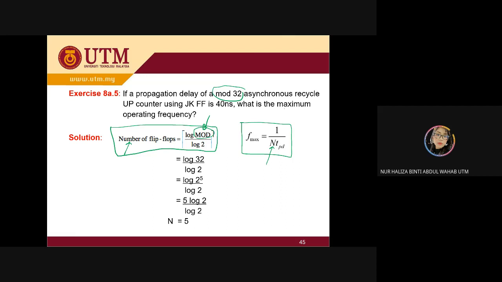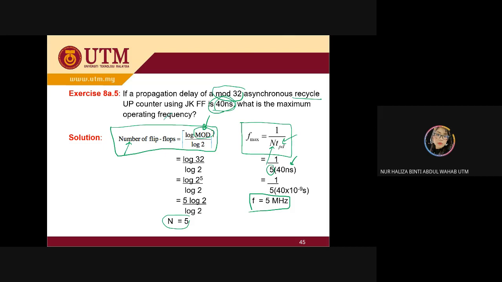And your recycle up counter TPD is 40 nanoseconds. You're going to put it here. When you have the value of N, you just apply it to your equation here, and from this value, you will get the maximum frequency.